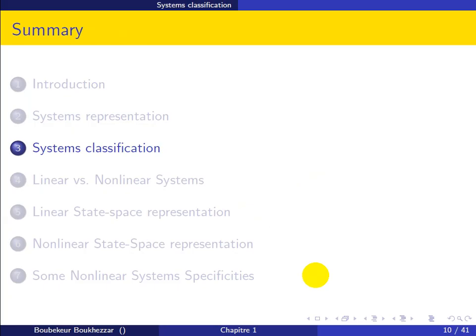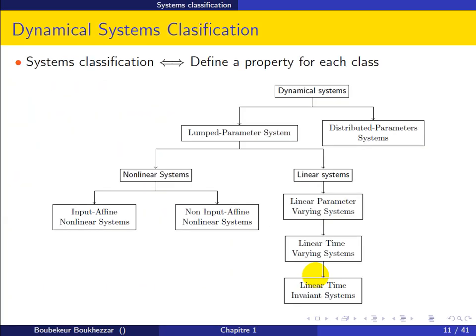We will give here a possible system classification to see where nonlinear systems are situated. To make any classification, we have to define a criterion or a property. Dynamical systems are systems that are described by differential equations.